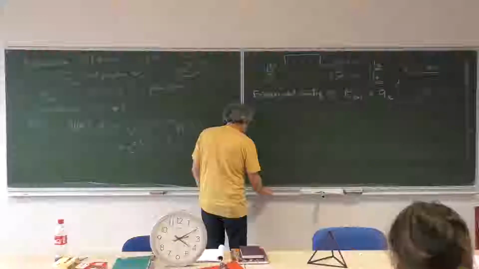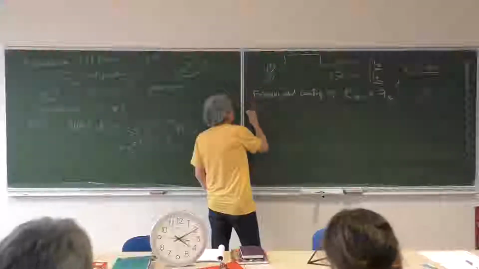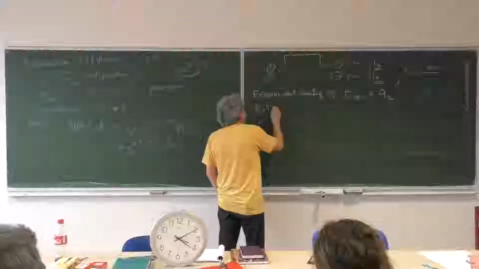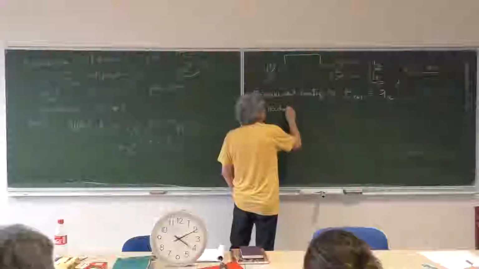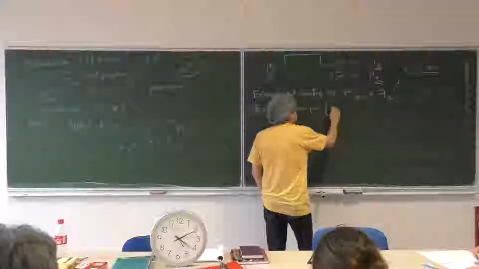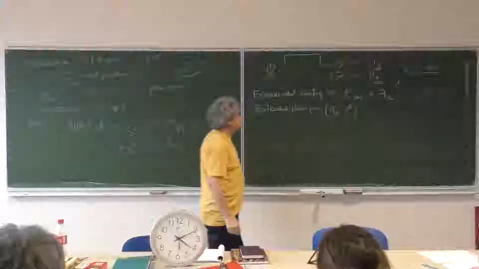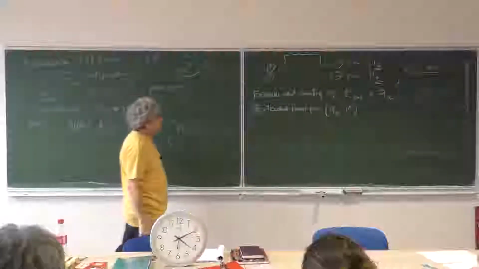So there is an extended phase space, with QA and PA, which is two dimensions more than the phase space.